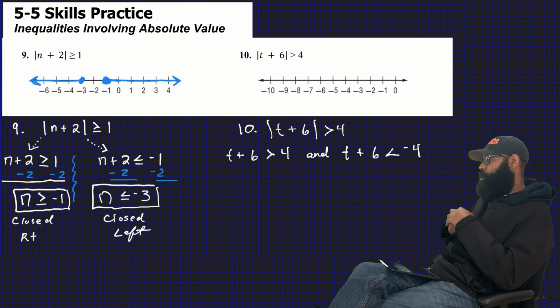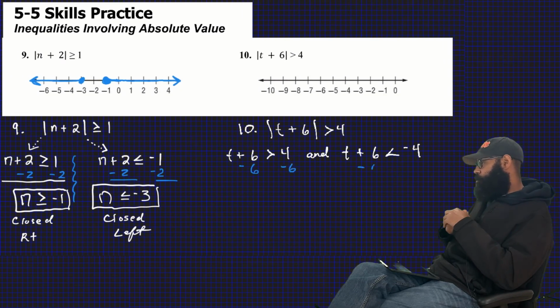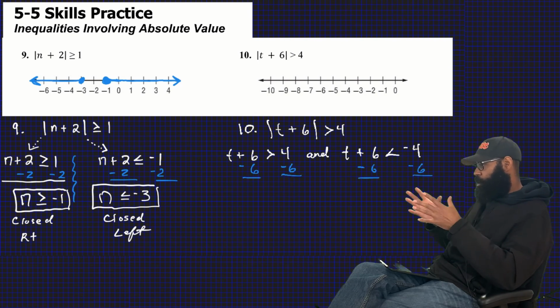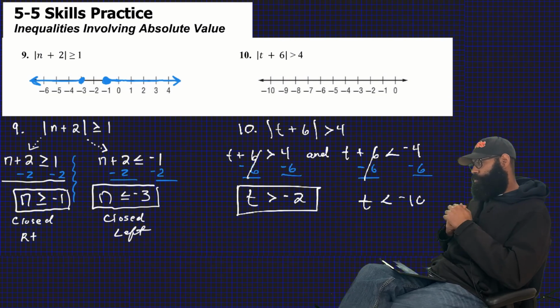Flip the sign, flip the inequality, change the sign. Undo the adding of 6. And of course, looks like I'm getting a solution. t is going to be greater than -2. And for my second one, we're going to keep my negative sign, so t is going to be less than -10.